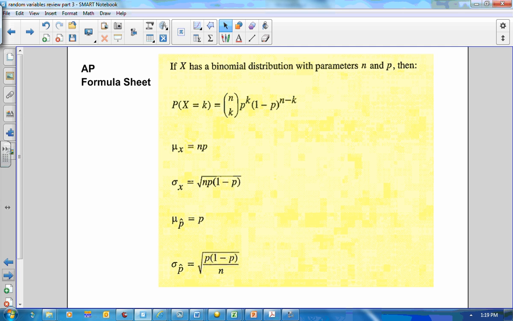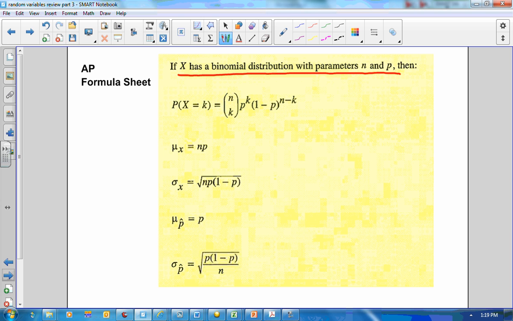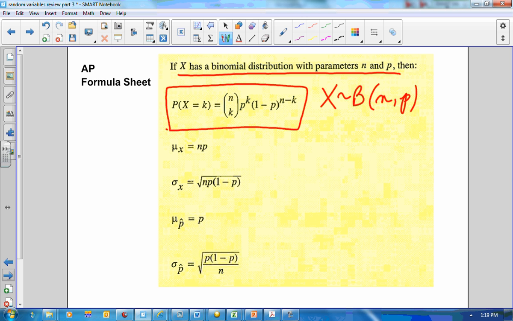If you pull out your yellow formula sheet for the AP, you'll notice that these formulas for binomial are on here. So it says if X has a binomial distribution with parameters n and p, so we would write this: X follows a binomial distribution with parameters n and p. The probability, so this one right here says the probability that X equals k.